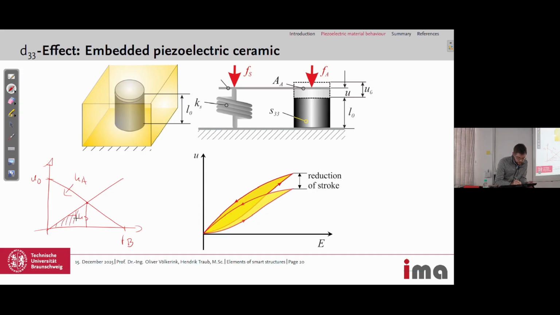This was the work capacity, and then we can see, compared to U0, a high U, we have a reduced stroke here. So this is the new achievable U, and with this surrounding material, maybe right here, EMB for embedded, we have a lower displacement we can achieve.